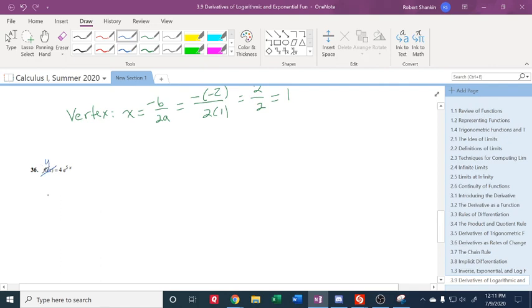Then I interchange x and y. And then I solve for y. So I'm going to divide by 4. I'll put e to the 5y on the left.